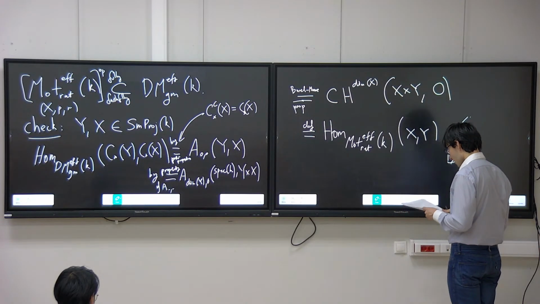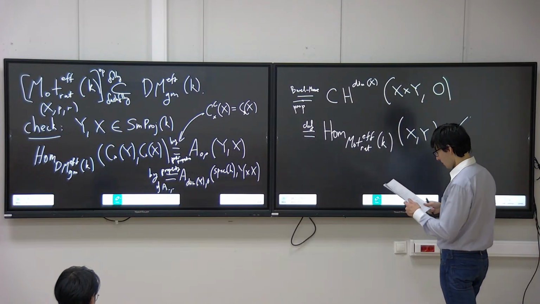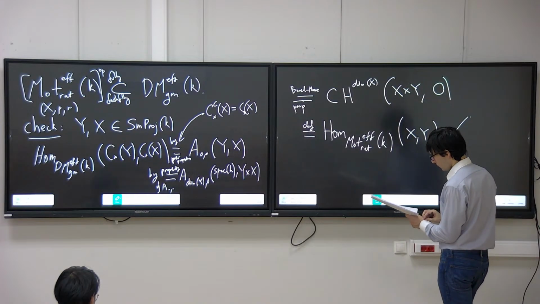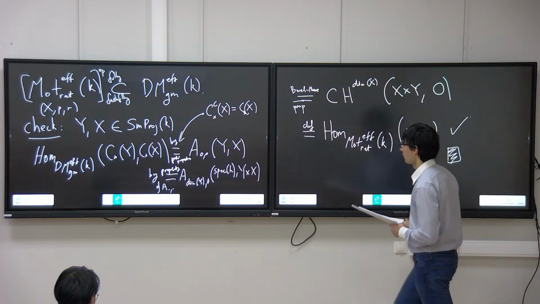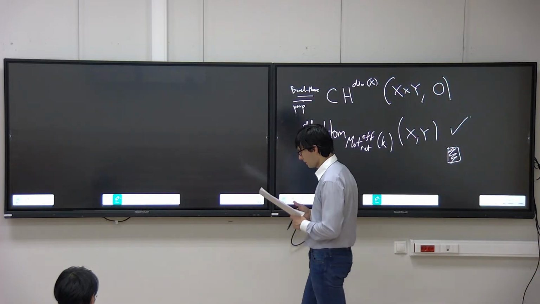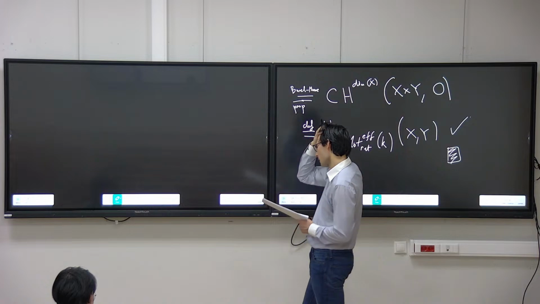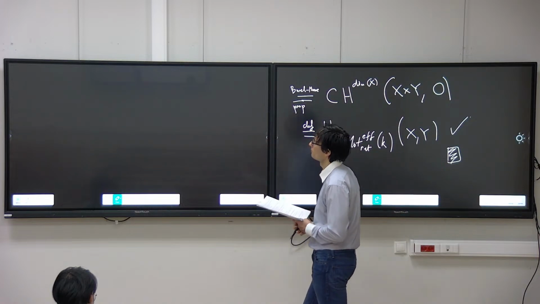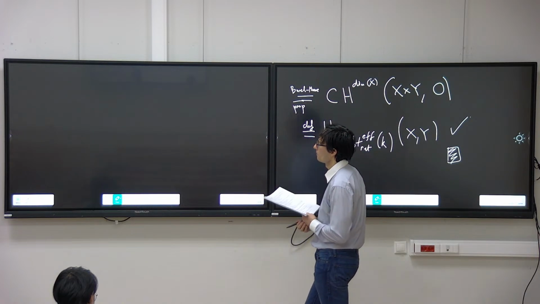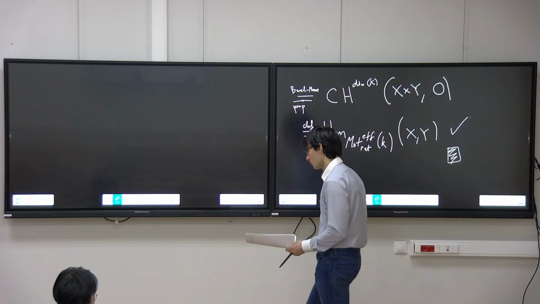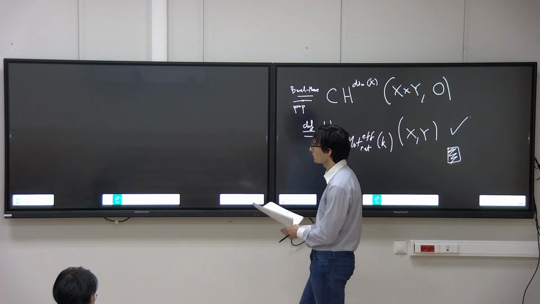Let me now mention one final topic for today. So to keep in mind, we've proven some powerful fact: we've related Grothendieck's motives to Voevodsky's motives.